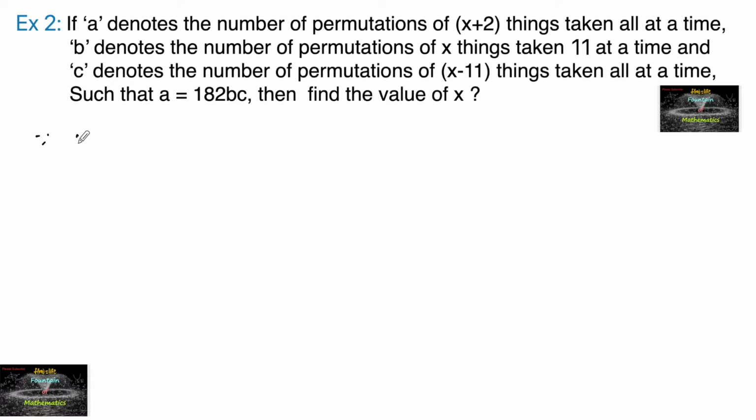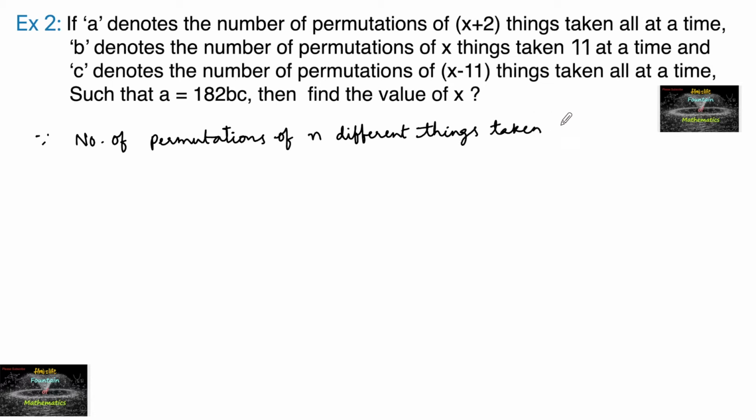Since we know that number of permutations of n different things taken r at a time is equal to nPr, which is n factorial upon n minus r factorial, right?